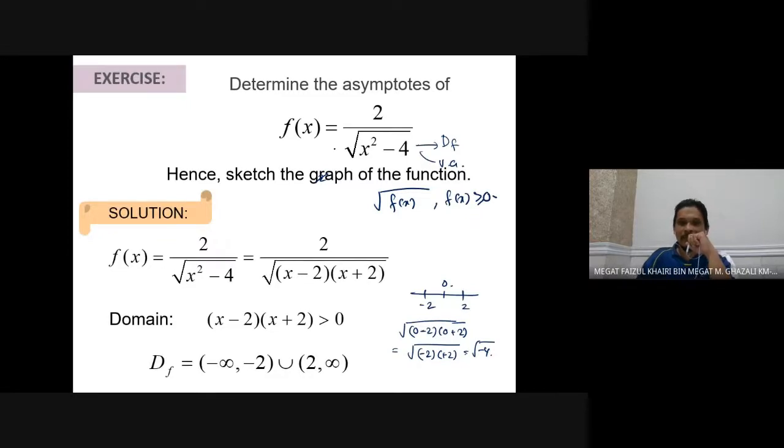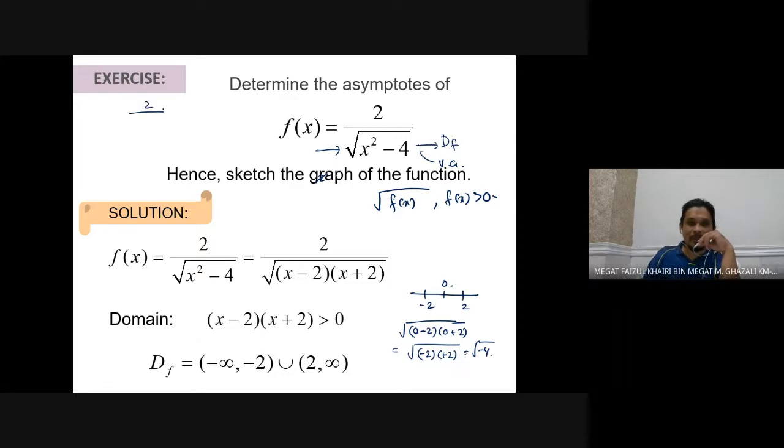But because the denominator cannot be equal to 0, from here we clear the sign of equal, only greater than. Okay, class, I re-explain here.